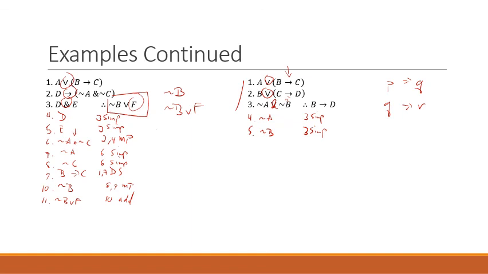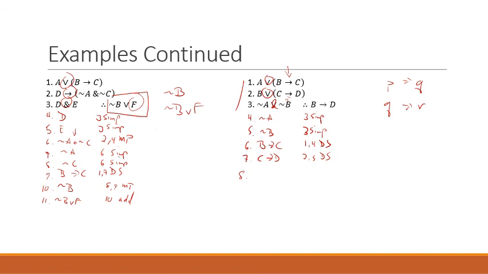So now we've got not A and not B, and we can use both of these to do disjunctive syllogism patterns on 1 and 2. So if you take 1 and 4 together, you can do argument by elimination and get B arrow C, right? So that's 1 and 4 disjunctive syllogism. And if you take 2 and 5 together, so not B and B or C arrow D, you get C arrow D. And now I can do that hypothetical syllogism rule.